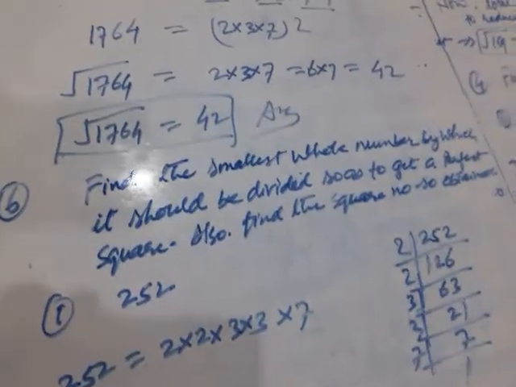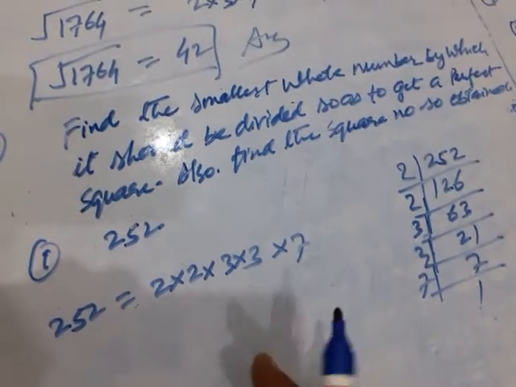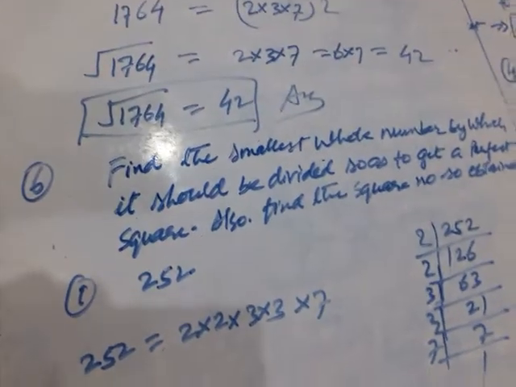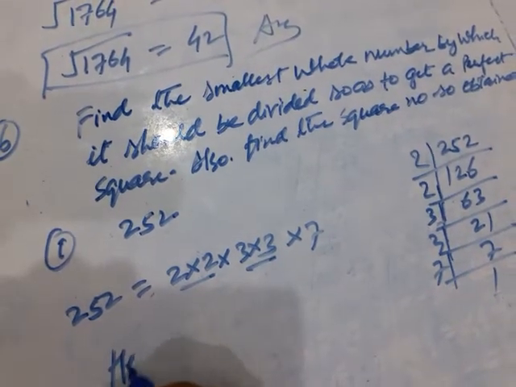Okay children, since we are supposed to find by what smallest number 252 should be divided, make the pairs.